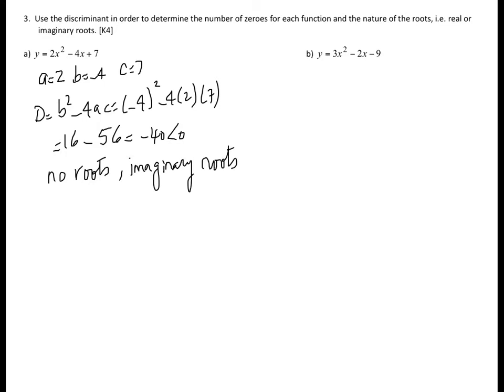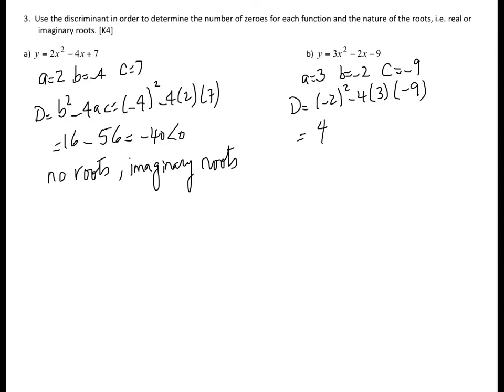In the next case, we have A is equal to 3, B is equal to negative 2, C is equal to negative 9. So D is B squared, negative 2 squared, minus 4 times A, which is 3, times C, which is negative 9. Now negative 2 squared gives us 4.